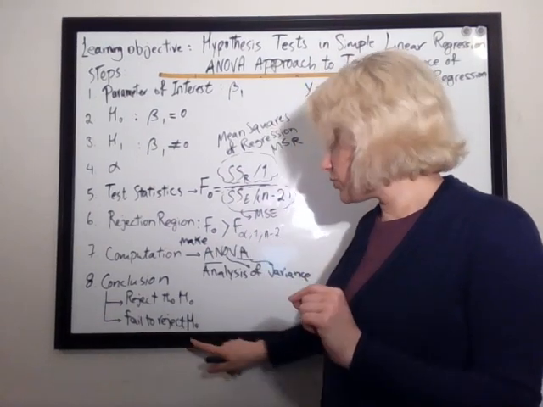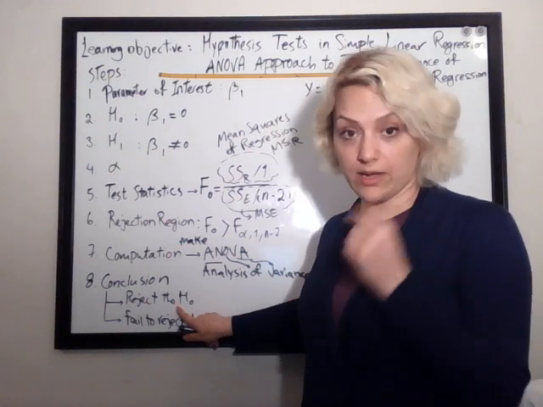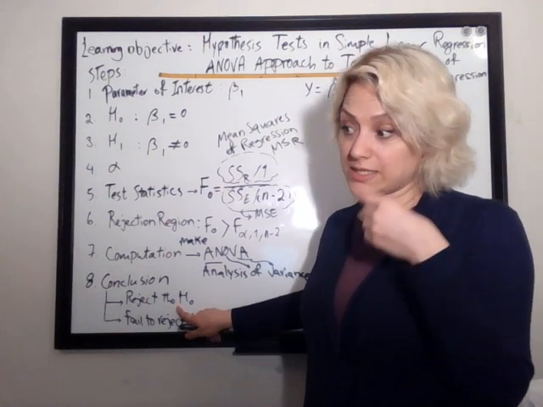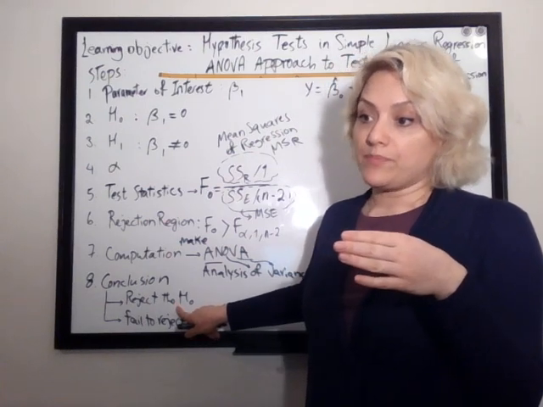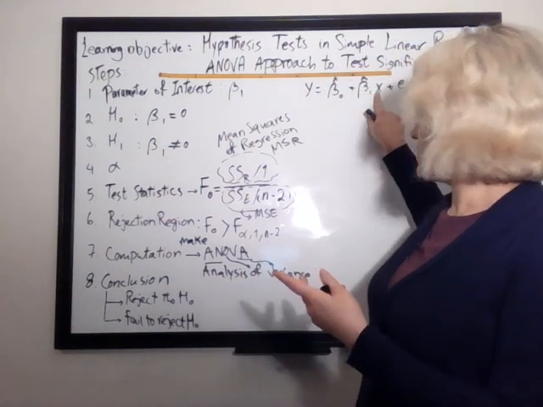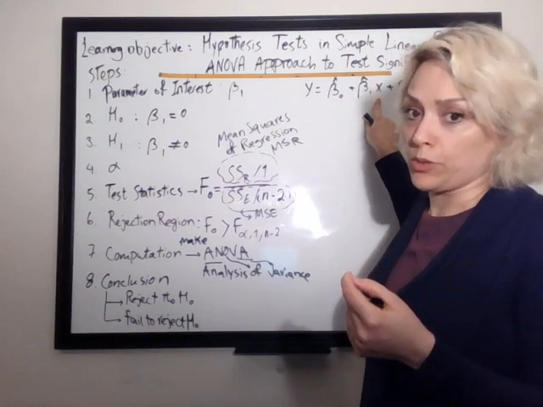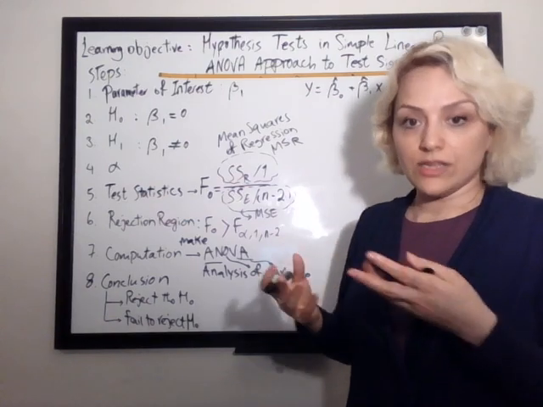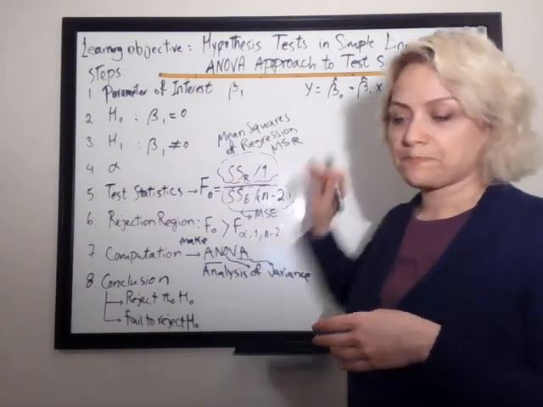We are looking to reject the null hypothesis here, because if we can reject it, we can say that this x is probably not equal to 0, and we can have a linear relation between y and x.